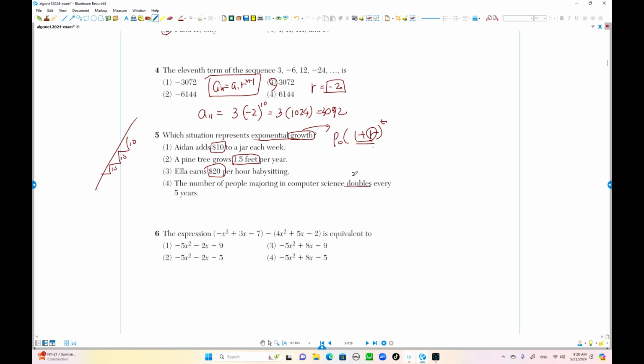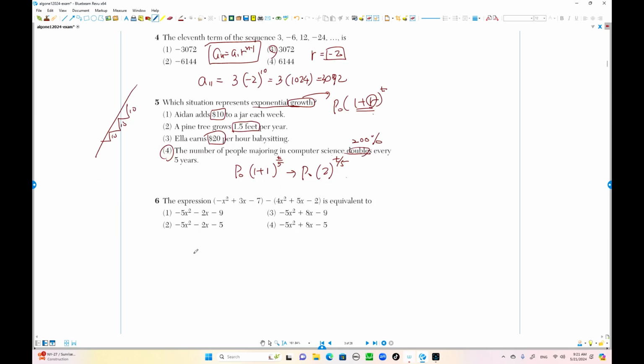Here r is 2, equals 200%, right? The initial value doubles. 1 plus 1, that is doubling. Every 5 years, t over 5 actually. So initial value times 2 to the t over 5. That is the exponential. Number 4 is the answer.